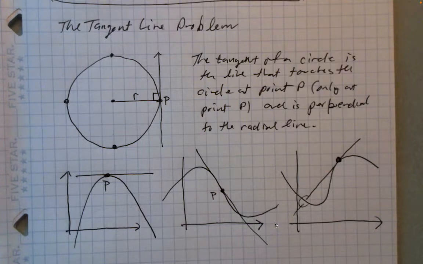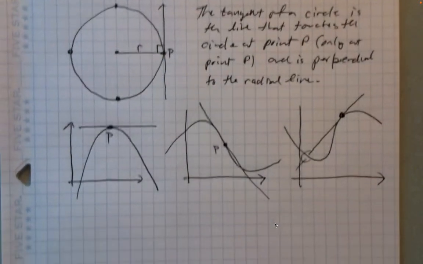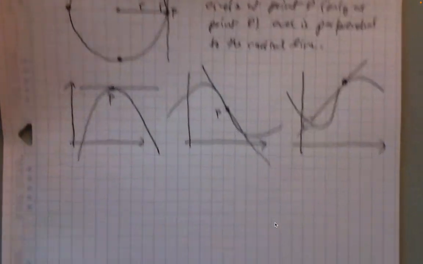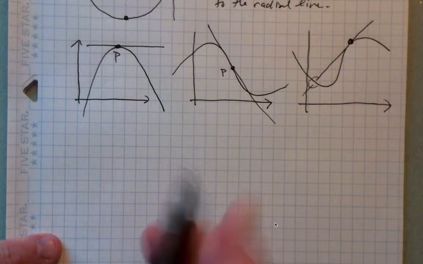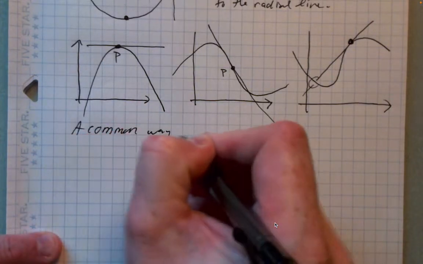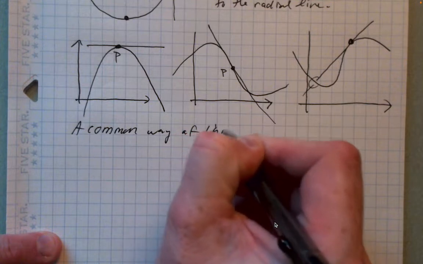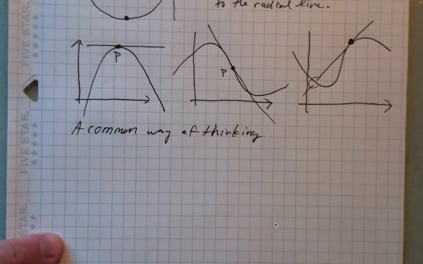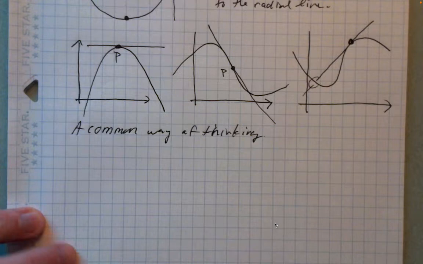Now, a common way of thinking about tangent lines, intuitively, is to think of the tangent line as the line that touches the curve at exactly one point.